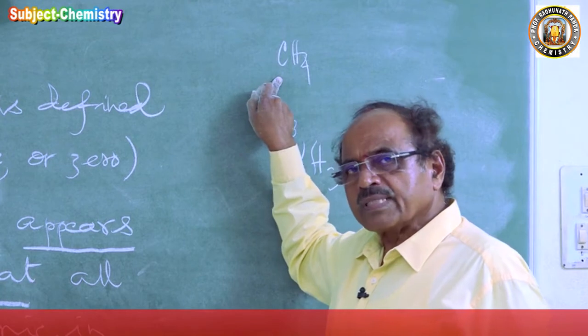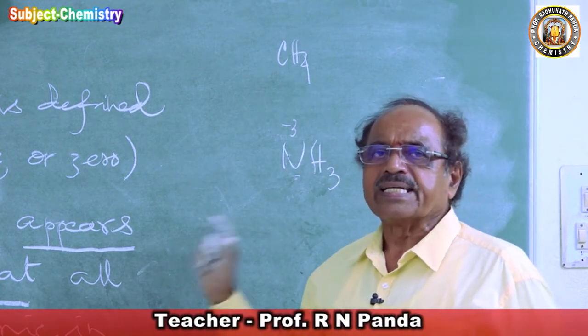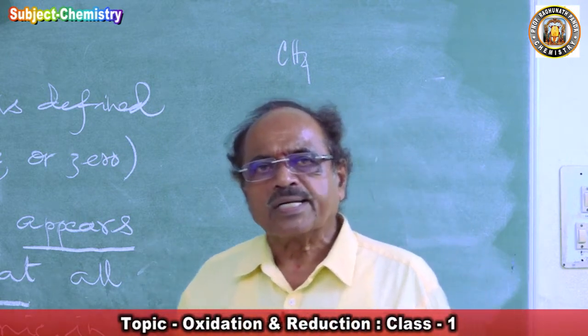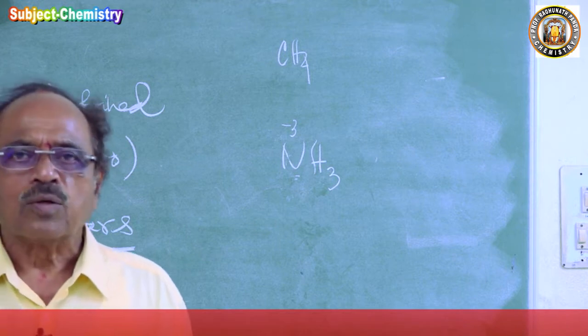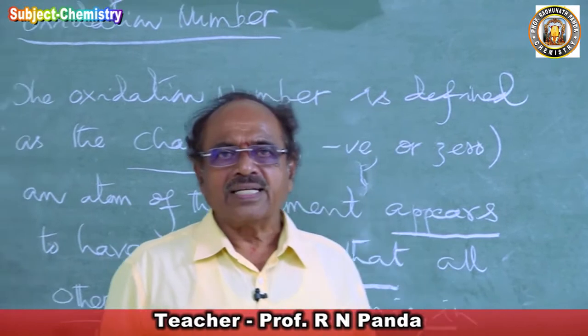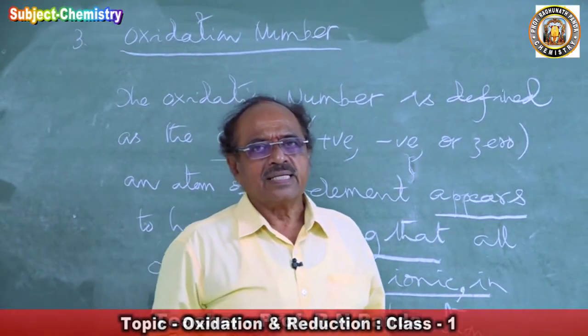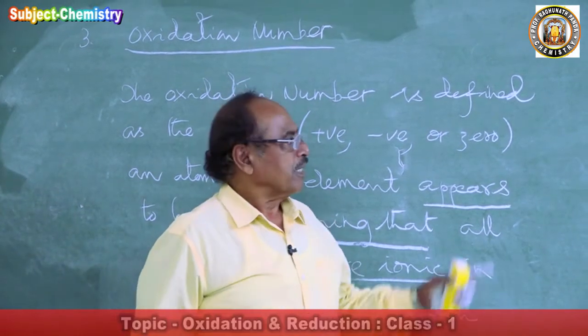How will you assume? The carbon is bonded to 4 hydrogens by ionic linkage. But actually carbon is bonded to 4 hydrogens by covalent linkage. They are not exactly ionic. We are assuming ionic, and we will calculate the charge. That charge will be the oxidation number.